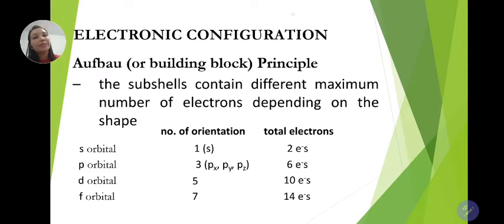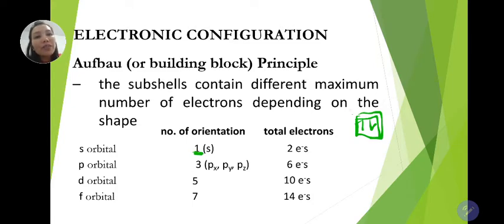For example, this is our s orbital. It can contain maximum number of 2 electrons. So, sa isang block na ganito, ang maximum na pwede niyang i-contain na electrons ay 2. So, sa bawat isang orientation, we have 1 block, for example.